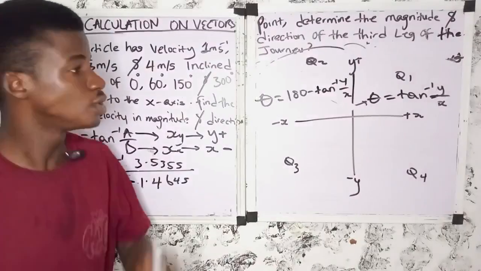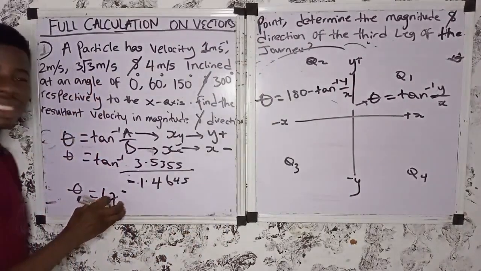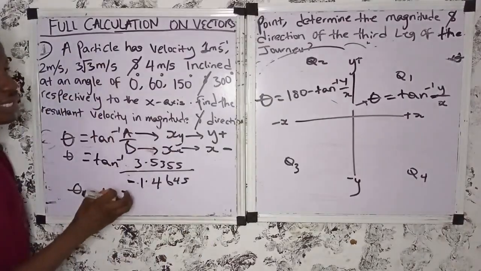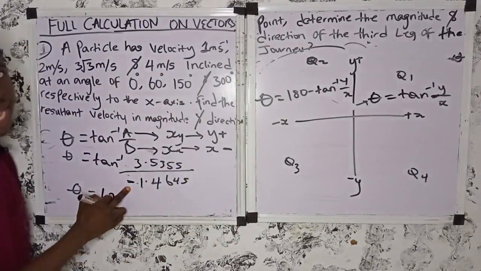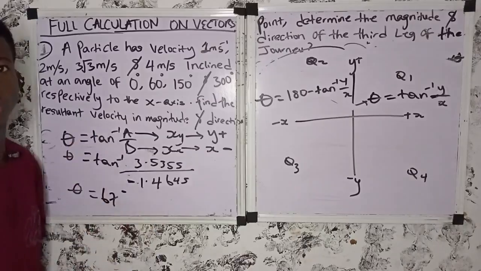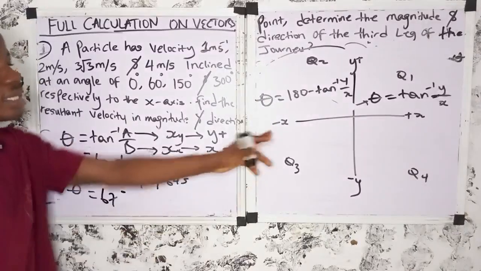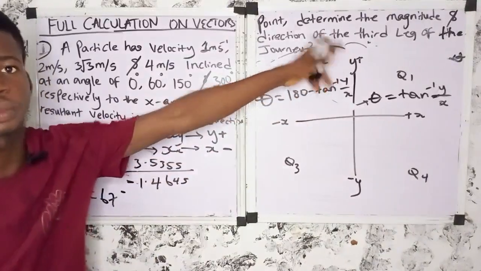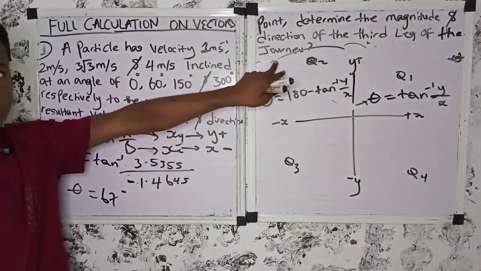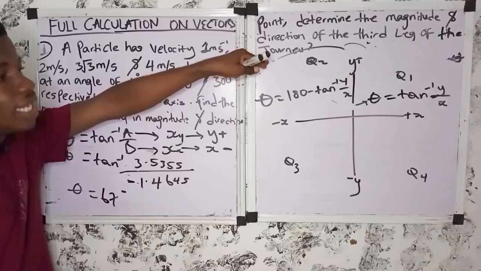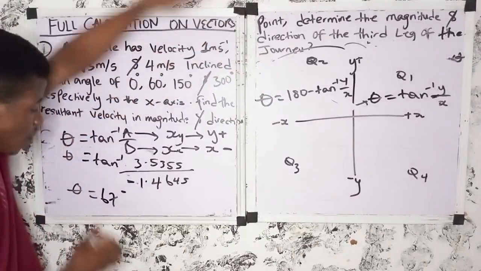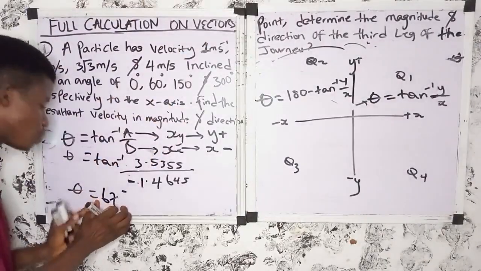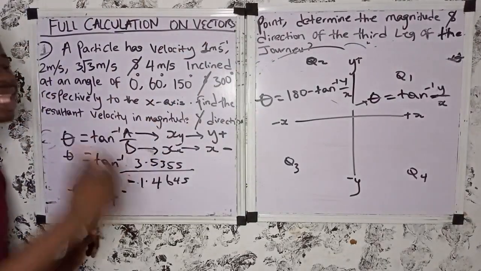So let's say for example in this question, x was negative and we were looking for the angle of the resultant. Since x is negative and y is positive, the angle lies in the second quadrant.